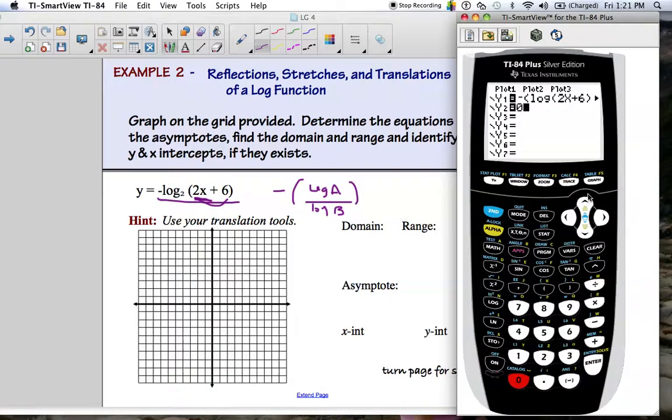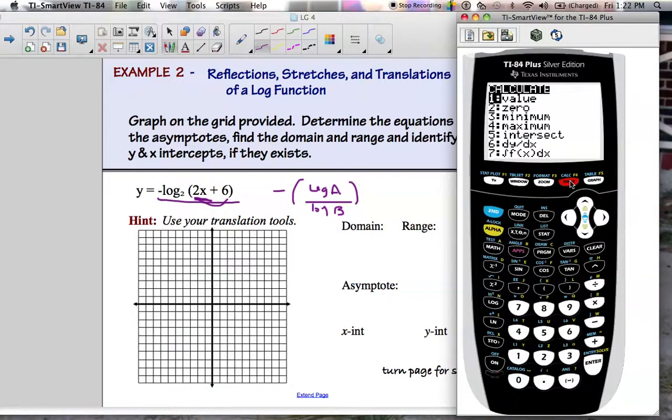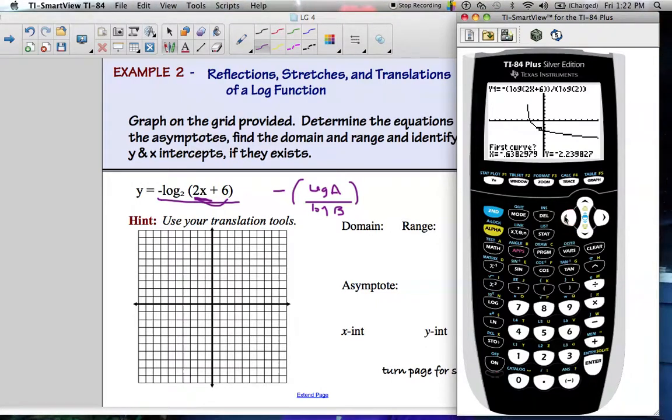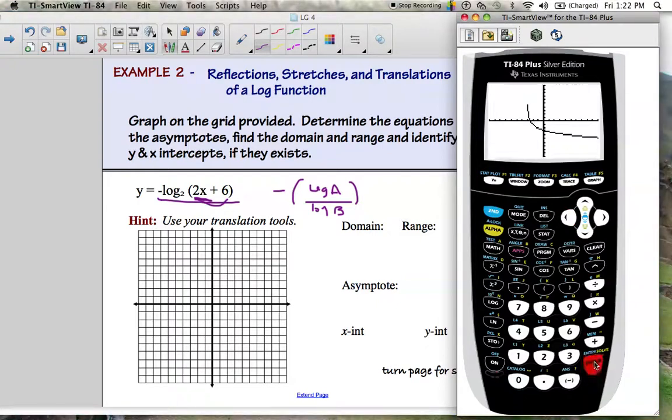Okay, now I go second trace down to intersect, enter. Now, let's just move the cursor so it's close to the x-intercept. Doesn't have to be on top of it, but close to it. That's good enough. Enter, enter, enter.